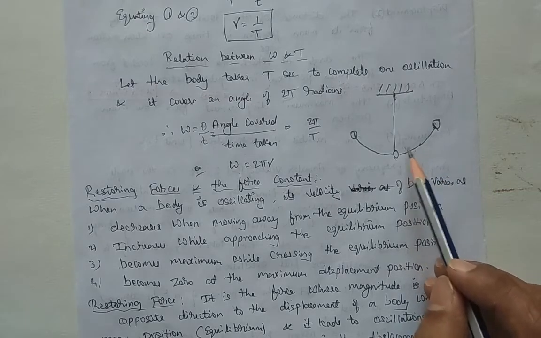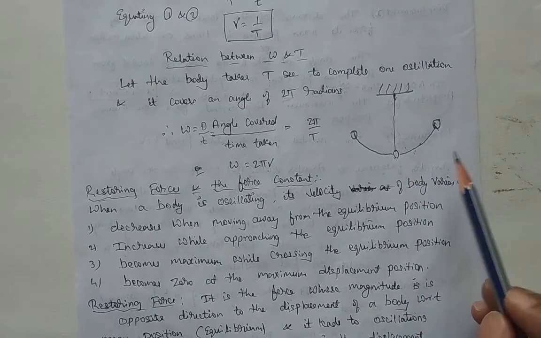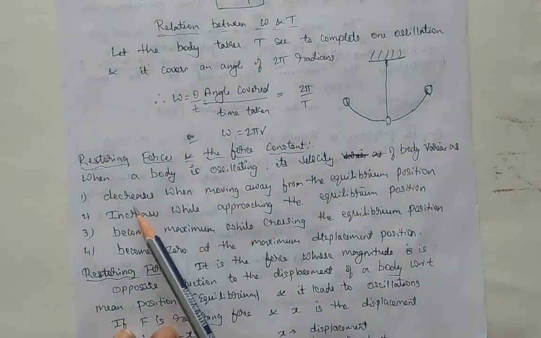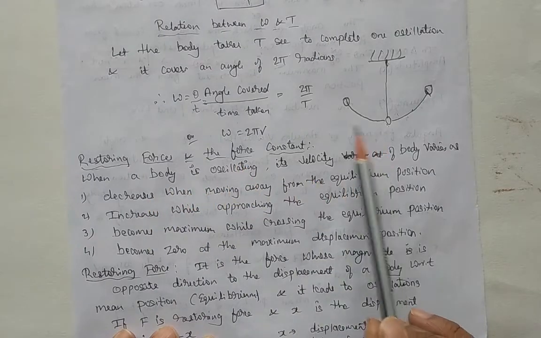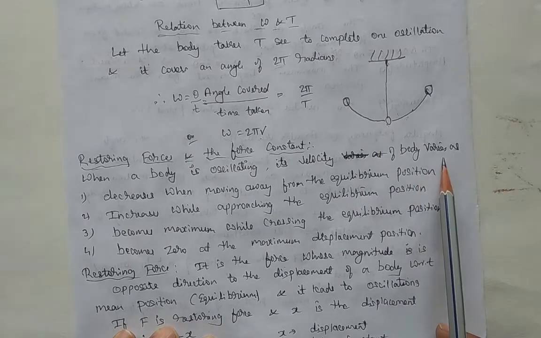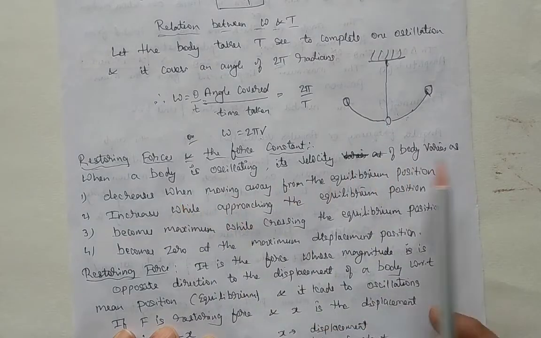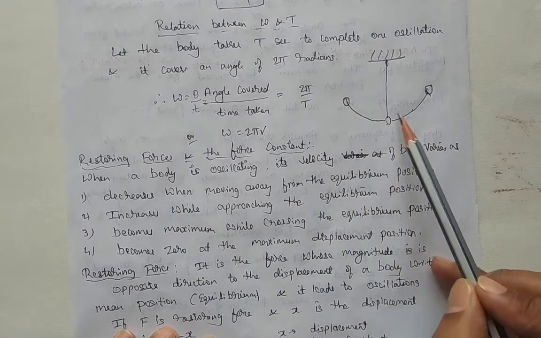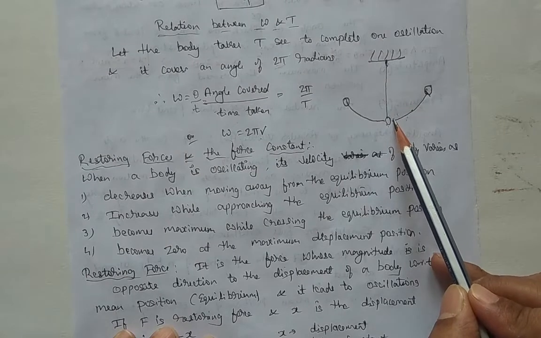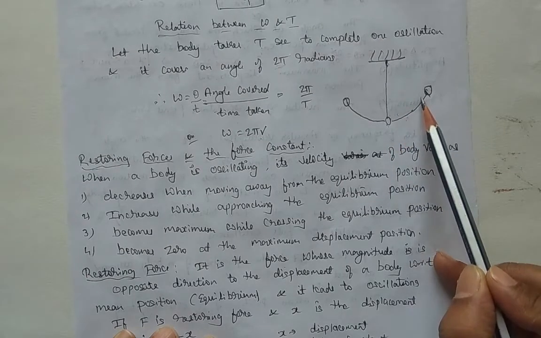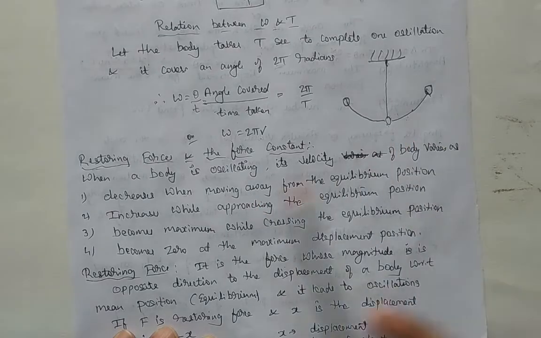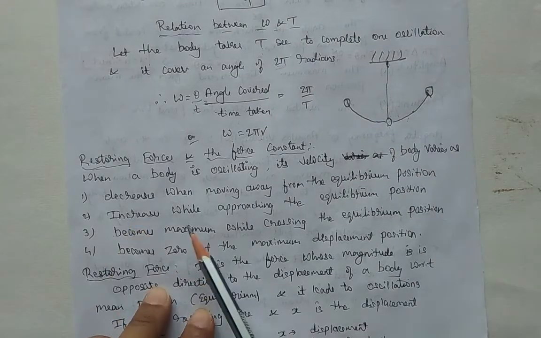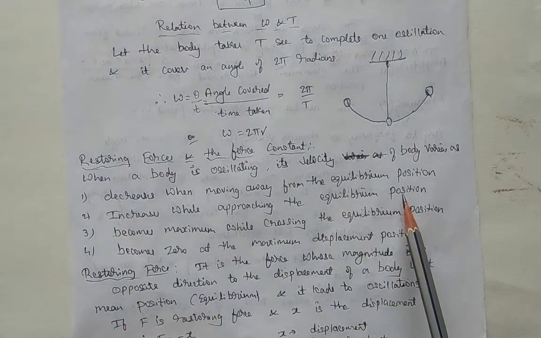Now we are going to discuss how the velocity is going to vary, in 4 points. Whenever a body is oscillating, the velocity varies as follows. The first one: it decreases when moving away from the equilibrium position, whenever it is moving to the extreme end. The second one: it increases while approaching the equilibrium position.